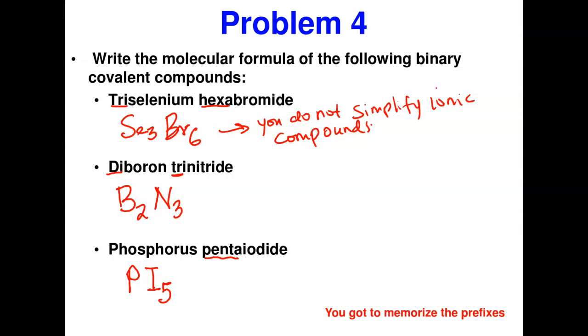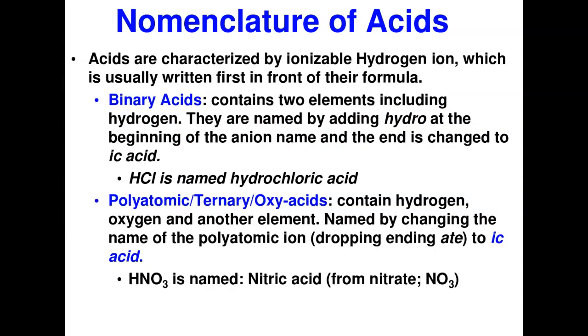The next one we'll be talking about is, how do we name acids? Acids are actually polar molecules, and the good thing about them is that they behave like ionic compounds because they have ionizable hydrogen ions they can easily release and donate. So in any formula where you see an acid, the hydrogen, H, is always written first.